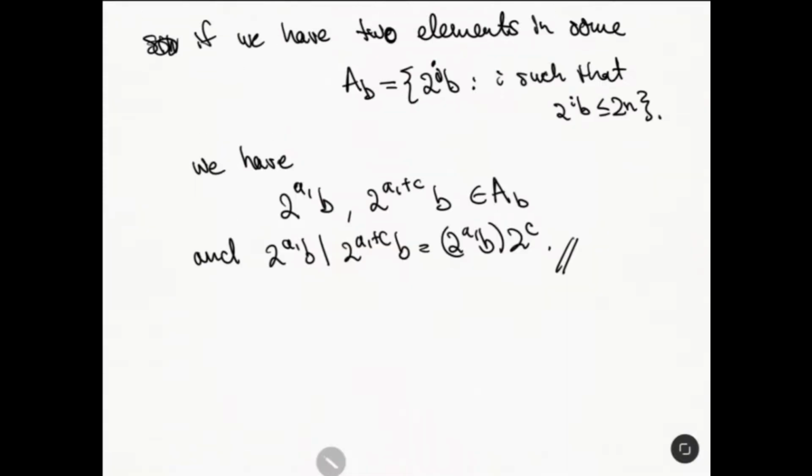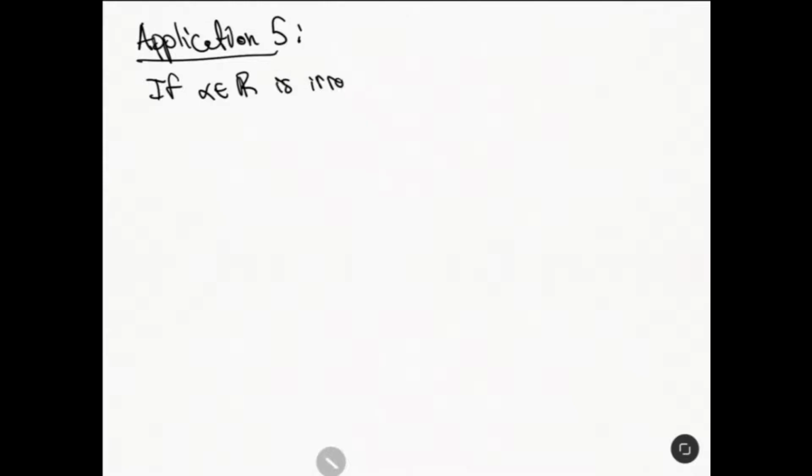All right, so there's another cool statement that we can do. This is about irrational numbers and approximating irrational numbers. We're on application 4. Application 5 is the following. If alpha is a real number, is irrational, so this says that you can arbitrarily approximate irrational numbers by rational numbers.